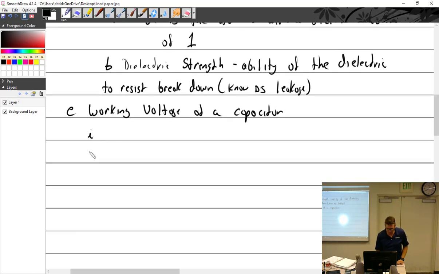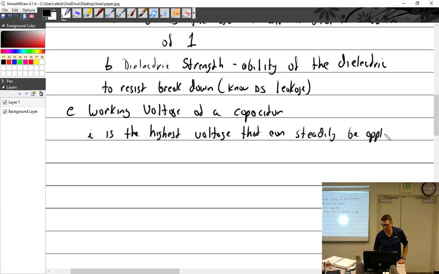Working voltage of a capacitor is the highest voltage that can steadily be applied to a capacitor without the dielectric breaking down.